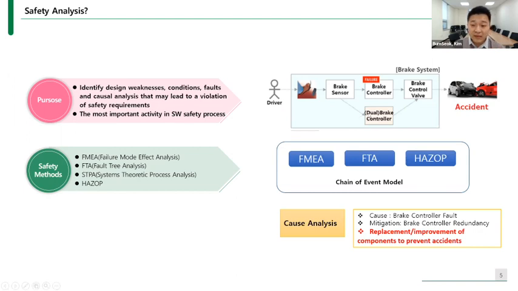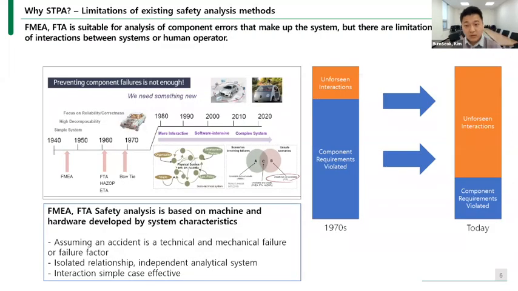To prevent this, brake controller redundancy would be a solution against this accident. However, this method has a limitation.